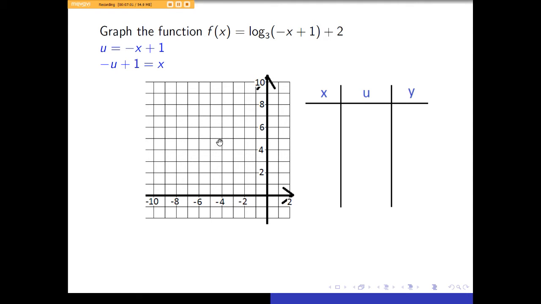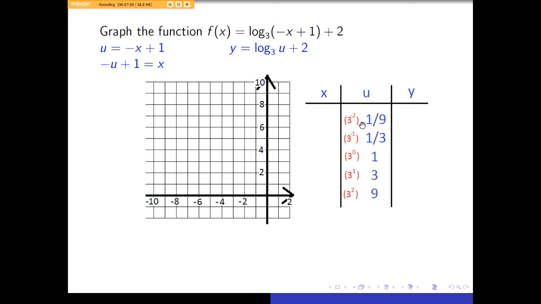Okay, and so then let's make our table and rewrite in terms of u. Our expression can be written as y equals log base 3, and this we called u, so it's log base 3 of u plus 2. Okay, so then we've got 3 to the negative 2, 3 to the negative 1. Again, the base to the 0, base to the first, base to the second. The base in this problem is 3.